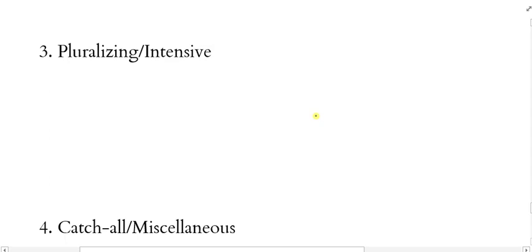The third one is the pluralizing or intensive nuance of the Piel stem. These are interesting, but using a Piel formation here really does, when you think about it, have some relation to the Qal verb's meaning. So if we take the verb shavar in the Qal, that would be he broke. Now let's make it Piel.